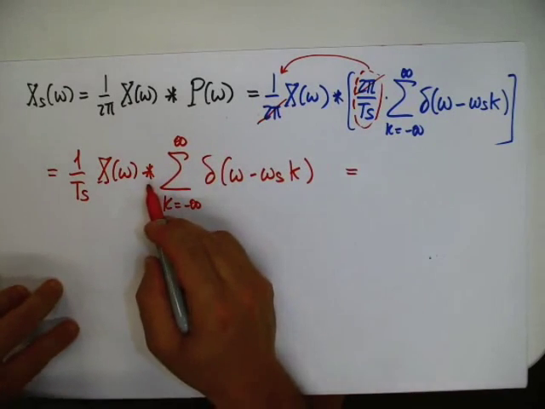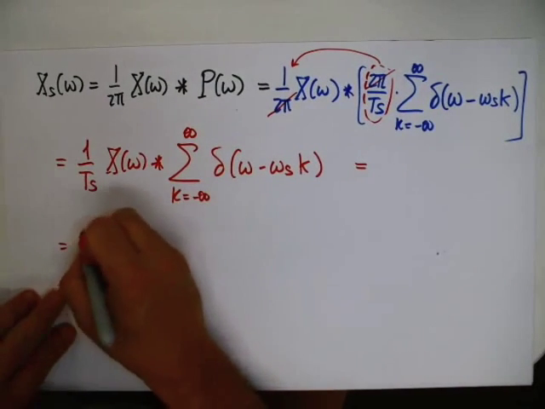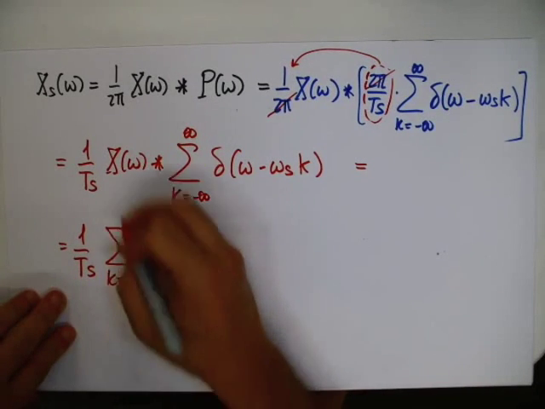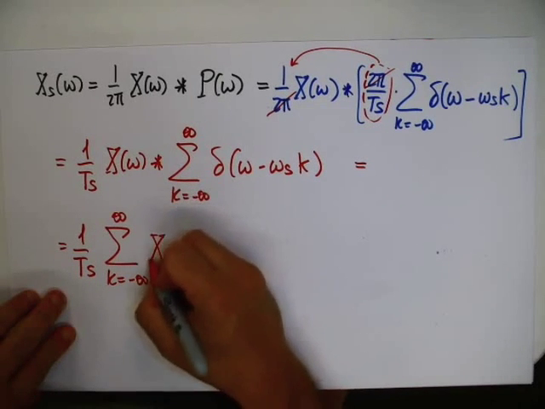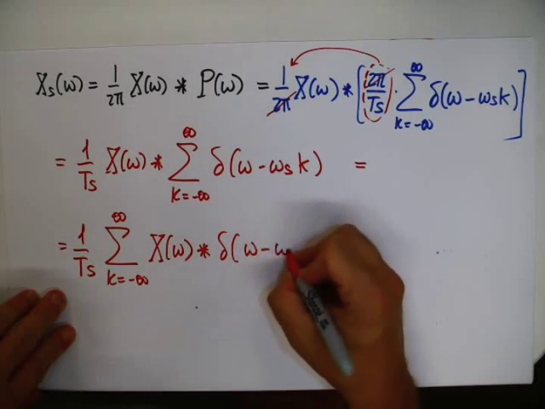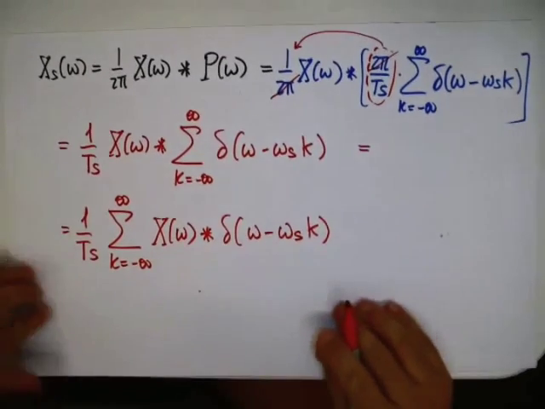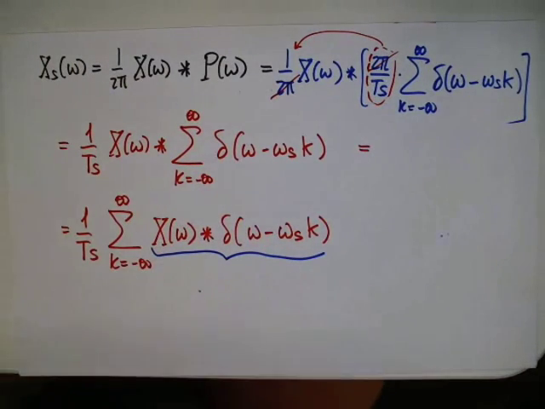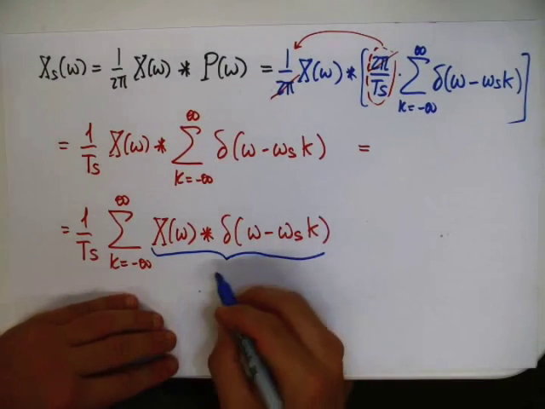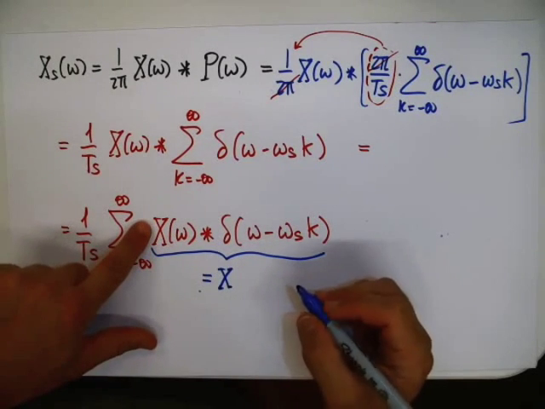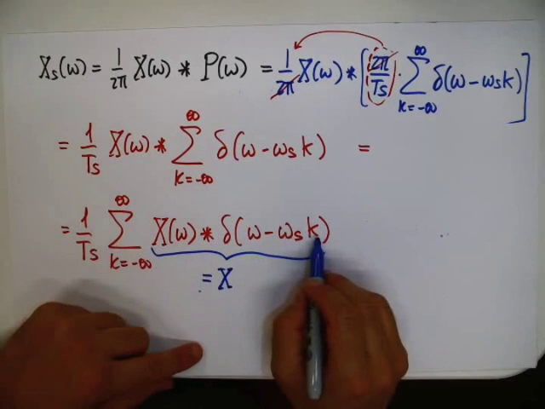But now the convolution is a linear operator, so this is equal to 1 over T_s, the sum from k equals minus infinity to infinity, X of omega convolved with a shifted delta. But now I know what is the result of a convolution with a shifted delta. This is simply equal to the spectrum X of omega shifted by omega_s times k.